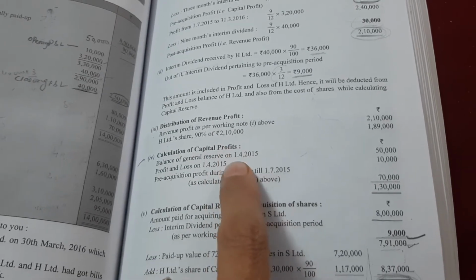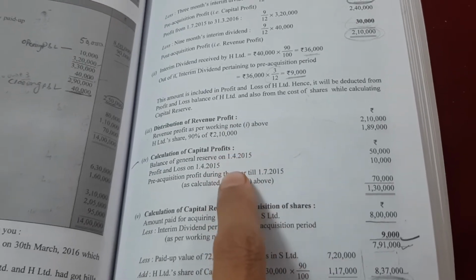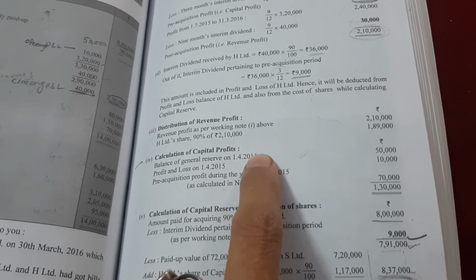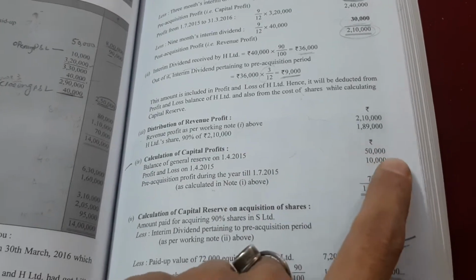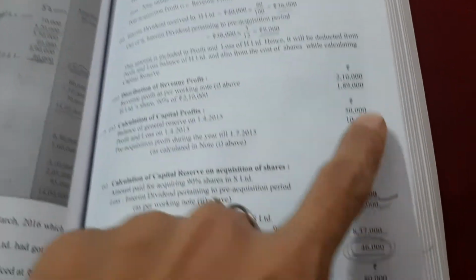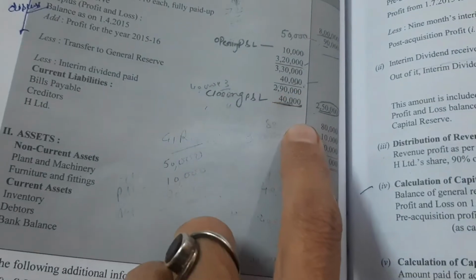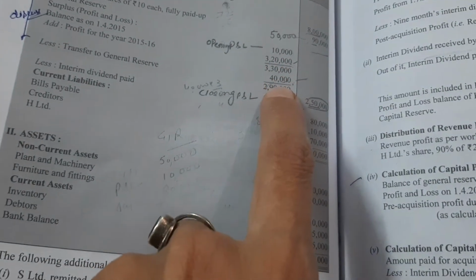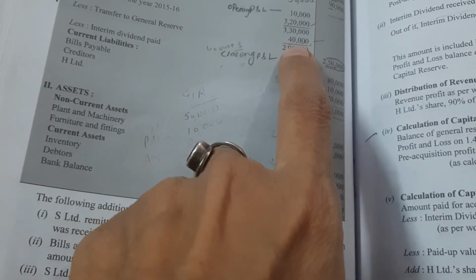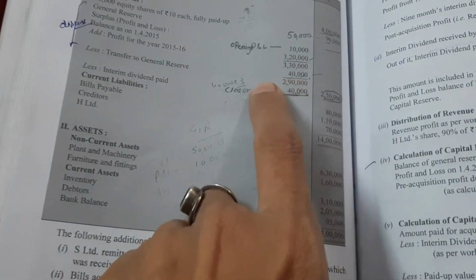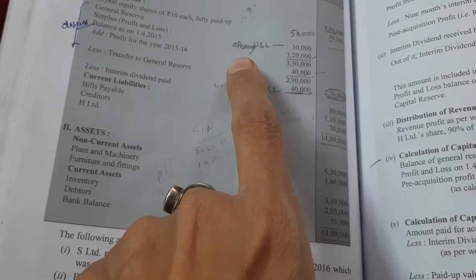Next main point that we must calculate to solve holding company questions is capital profit. Capital profit earned by the subsidiary company includes the opening balance of general reserve, that is 50,000. How has it been calculated? Closing balance of general reserve is given as 90,000, out of which 40,000 has been transferred during the year. It means the opening balance of general reserve was 50,000.